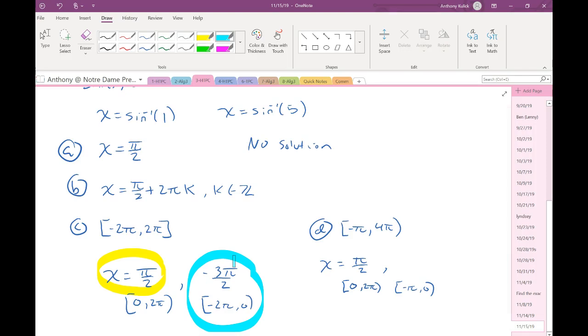I notice that negative 3 pi over 2 is less than negative pi, so there's nothing in that spot. And then I have to worry about my answers from 2 pi to 4 pi. How am I going to find those? I'm going to look for something coterminal to pi over 2. Since they have to be bigger, I should be adding. So when I add 2 pi to this, I get 5 pi over 2. And so that's my answer for D.